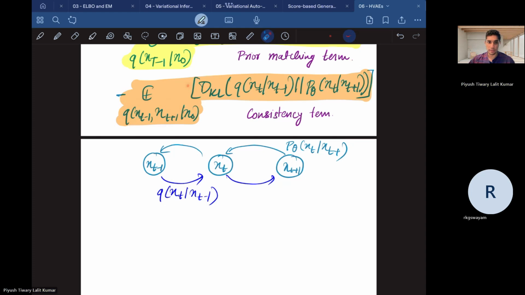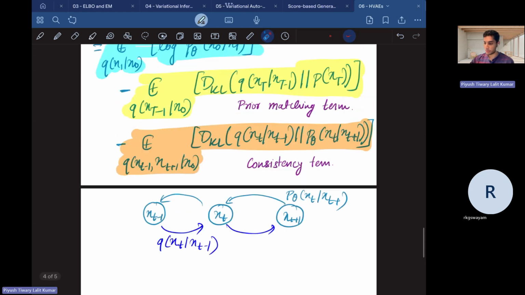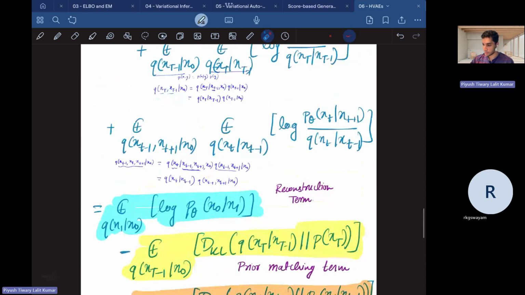What you will do is sample two random variables, xt minus 1 and xt plus 1, for every time step. And the problem is that usually when there is more than one random variable involved in your expectation, the variance of your Monte Carlo estimate could potentially be high. And you are doing this for each time step.